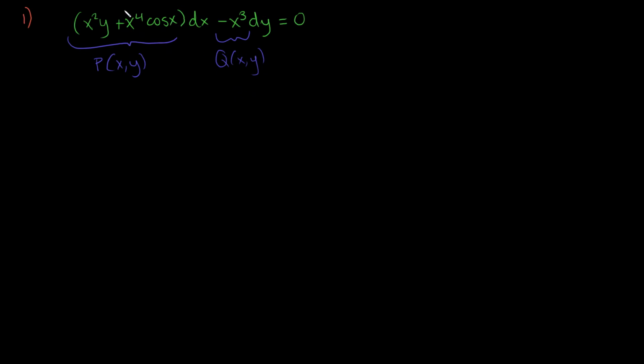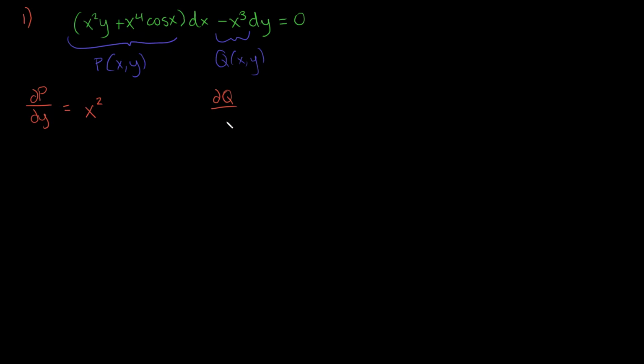The partial derivative of the left-hand side here, the x squared y plus x to the fourth cosine of x, with respect to y, equals x squared, because this y here, this goes away. And this entire term is just in terms of x, so the partial derivative of p with respect to y equals x squared.